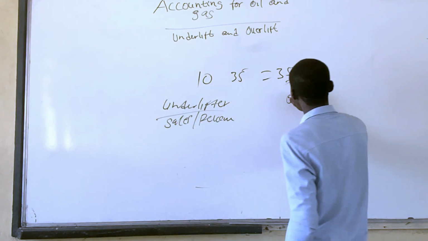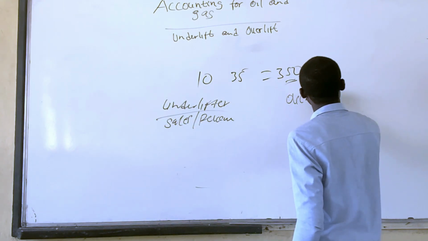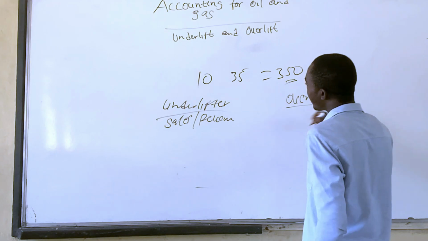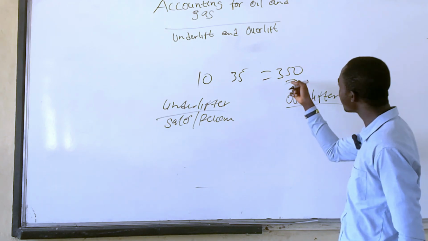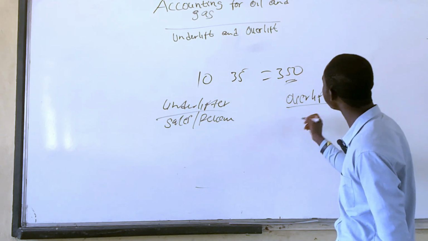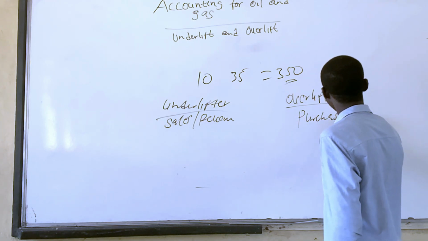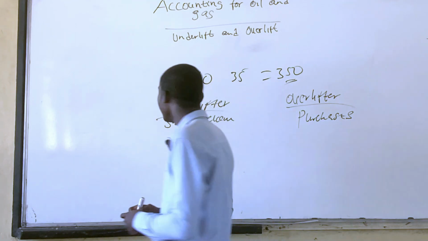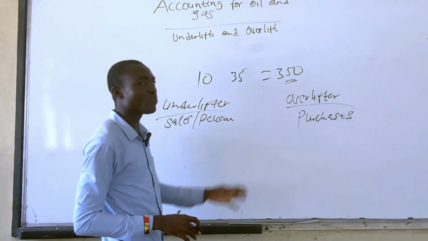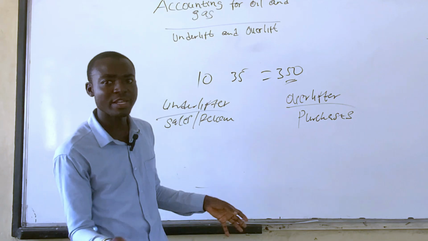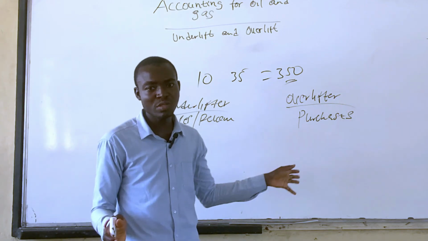And then in the books of the overlifter, the overlifter will consider this same 350 cedis as purchases. So these sales and purchases will be recognized in the income statement in their respective books.